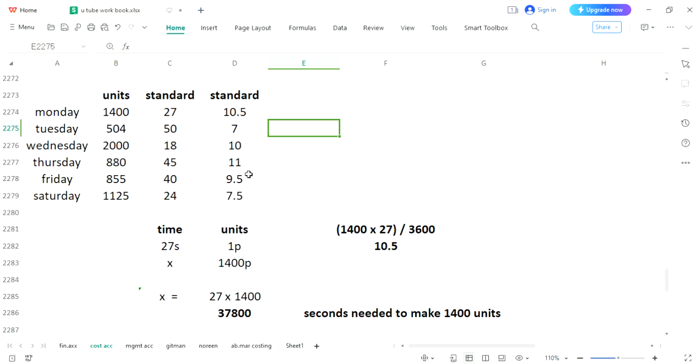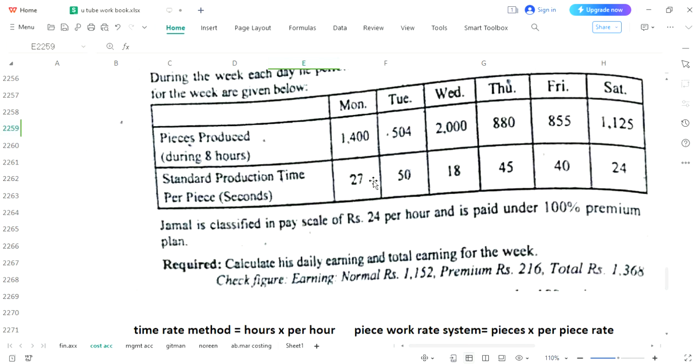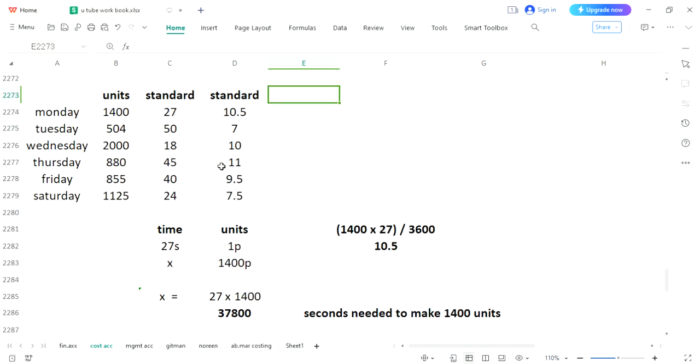And how much time was present in working? Here somewhere it has been written, during 8 hours. So every day, daily working hours is better. Let me see if it can be wrapped. Yes, we have an option of wrap as well.